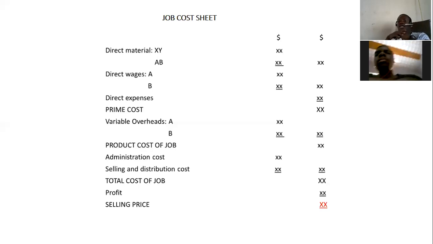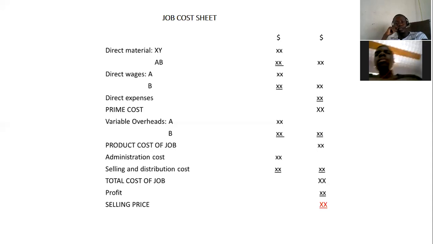When there is only one material, then you can send the figure straight to the last column. Then from there, we move on to direct wages.